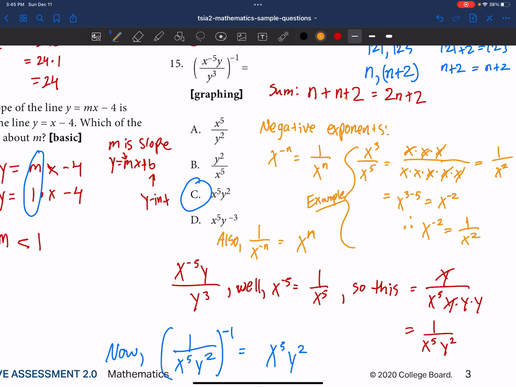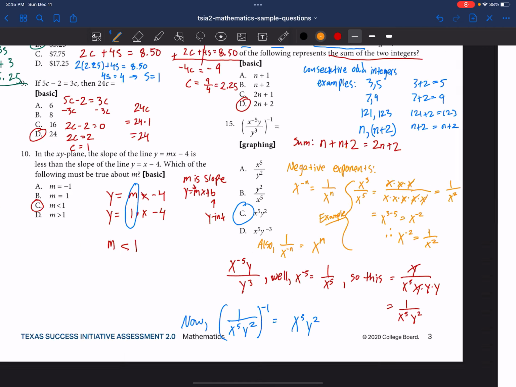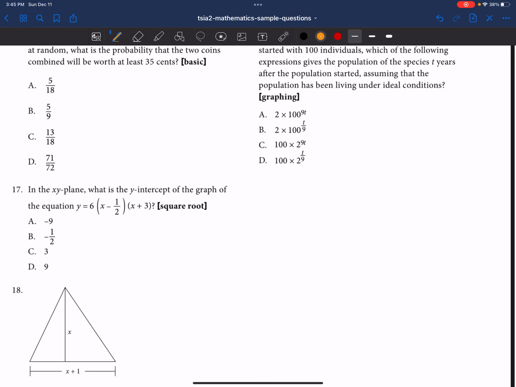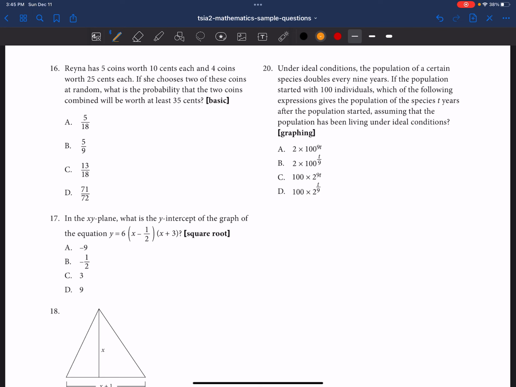If you have a negative exponent in the numerator, you put that in the denominator. If you have a negative exponent in the denominator, you put that in the numerator. That's essentially it. I just kind of flipped the fraction. Okay. Only 4 more. We're almost there.